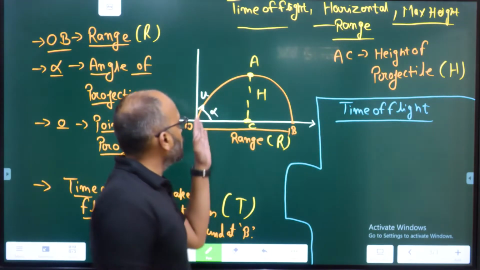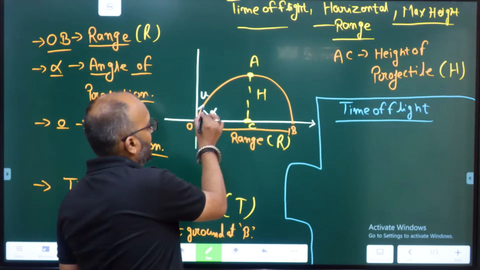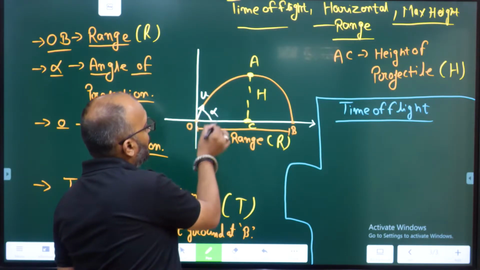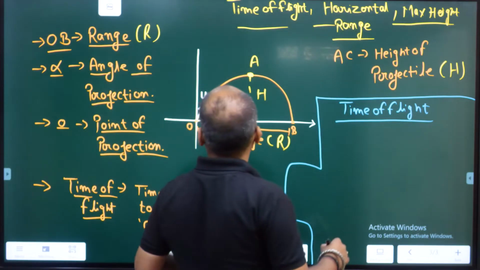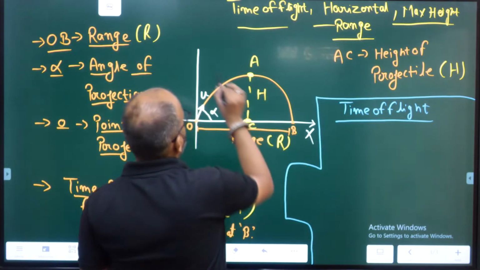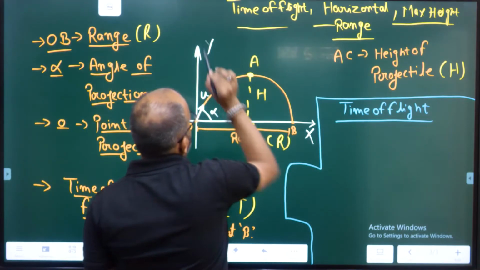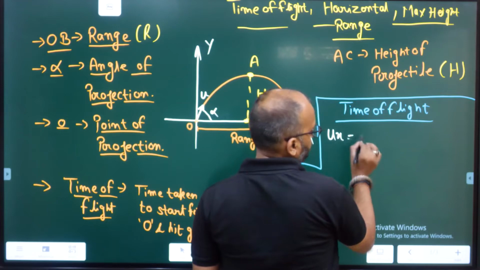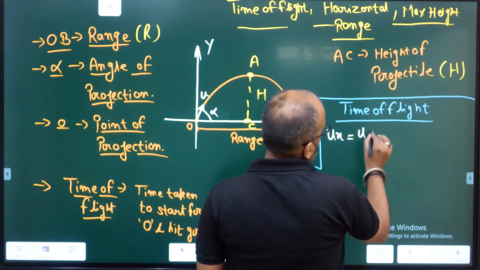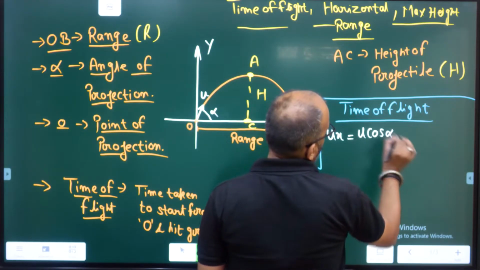Now, this velocity u is making an angle of alpha with the horizontal. What are my axes? This is my x-axis and this is my y-axis. So, along x-axis, velocity will be u cos alpha.